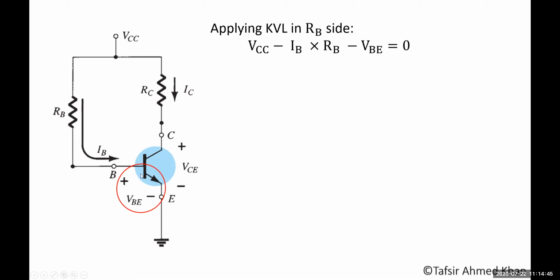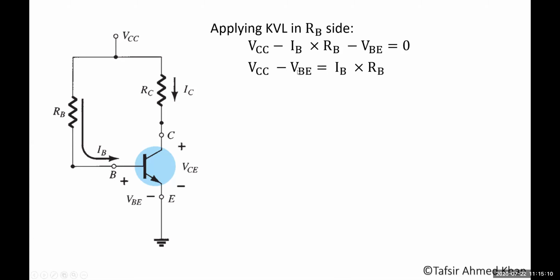Normally it is 0.7, because it is made of silicon. So here you have VCC, here you have IBRB, here you have VBE. Next you have 0. That's why VCC minus IBRB minus VBE is equal to 0. This is applying the KVL in the RB side. So from there, VBE is 0.7.